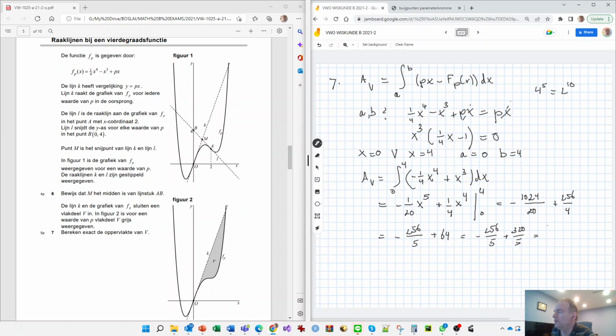This is 64 divided by 5. I think probably giving this answer in this form should be okay. You cannot simplify it anymore, actually. So that should be it.